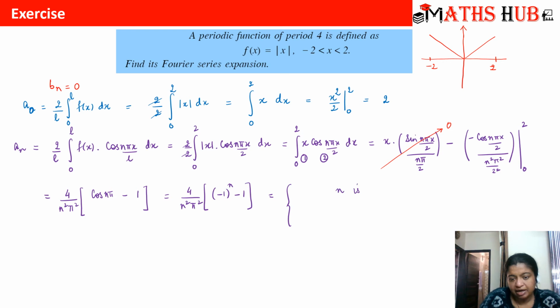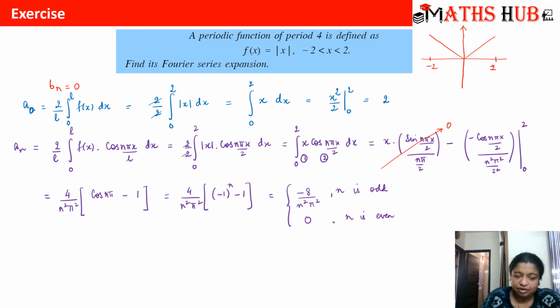When n is odd, minus 1 to the power n becomes minus 1, so this becomes minus 2, and I have minus 8 by n square pi square. And when n happens to be an even number, then minus 1 to the power n is 1, 1 minus 1 is 0, and so this whole term becomes 0.